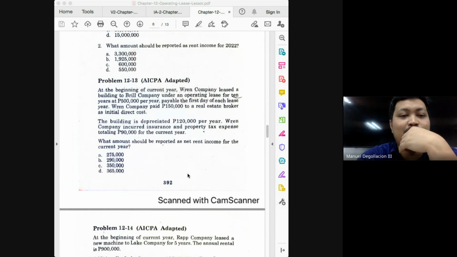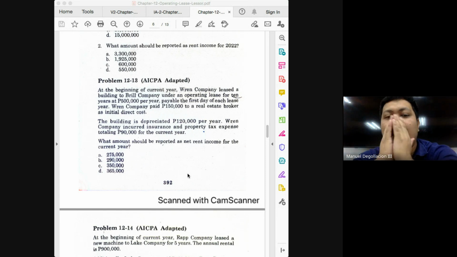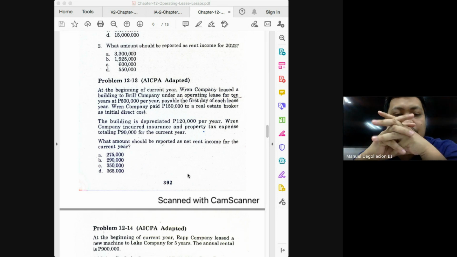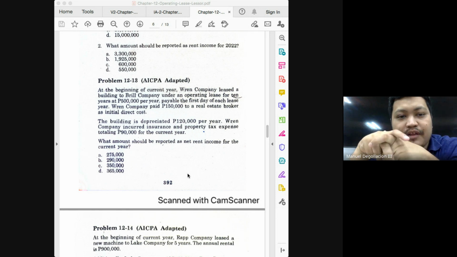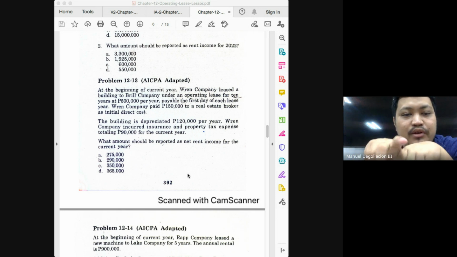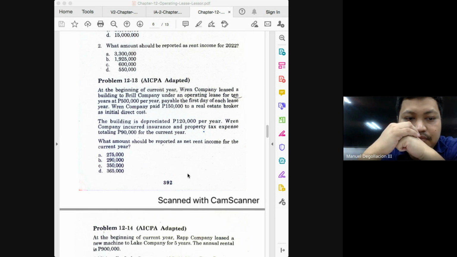So every year, how much would be expensed from our initial direct cost? You divide 150,000 by 10. So every year, 15,000 will be deducted from our rental income. So 500,000 rental income minus 120 minus 90 minus 15 will give you 275,000.